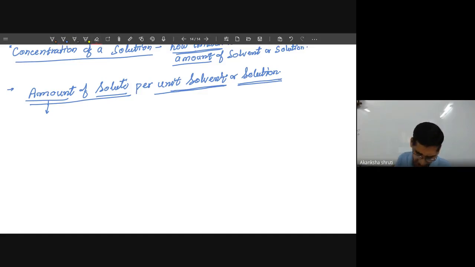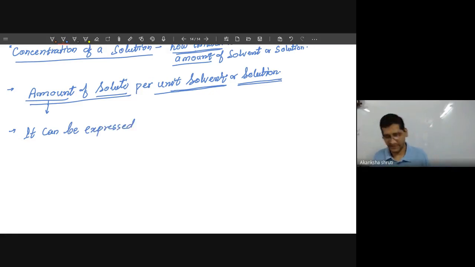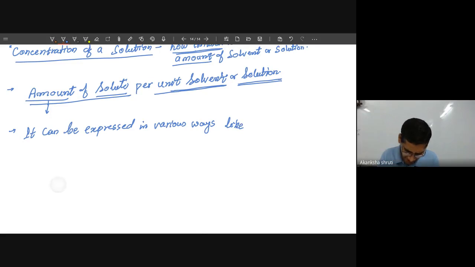Therefore, this concentration can be expressed in various ways. Like, first I am writing the amount of solute in a given amount of solvent, meaning the mass of solute and the mass of solvent I am taking.